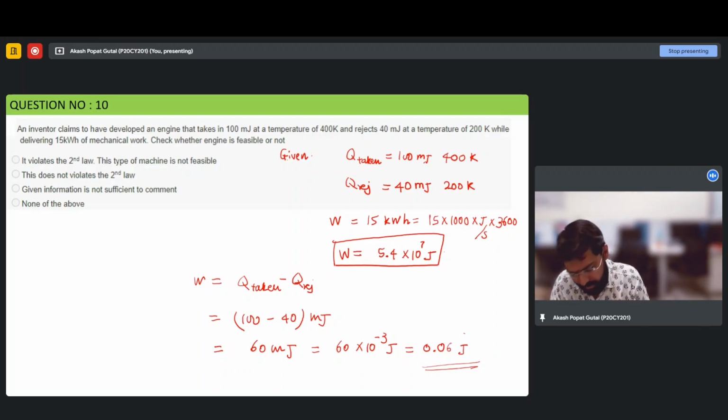If you calculate the efficiency, it is 1 minus 5.4 into 10 raised to 7 joule divided by the heat taken, which is 100 into 10 raised to minus 3 joule.